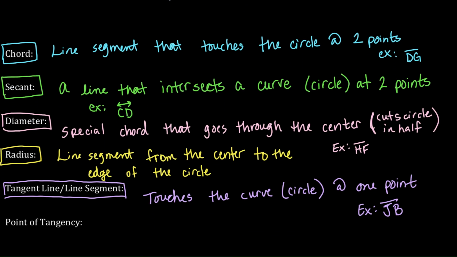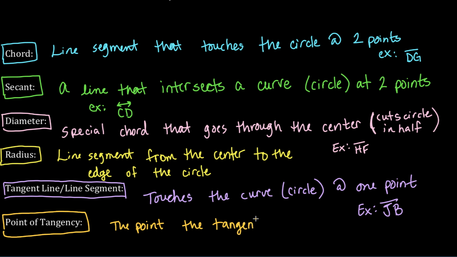And that means that the point of tangency is the point that the line touches. So it's the point the tangent line touches the curve at. The curve in our case is a circle.